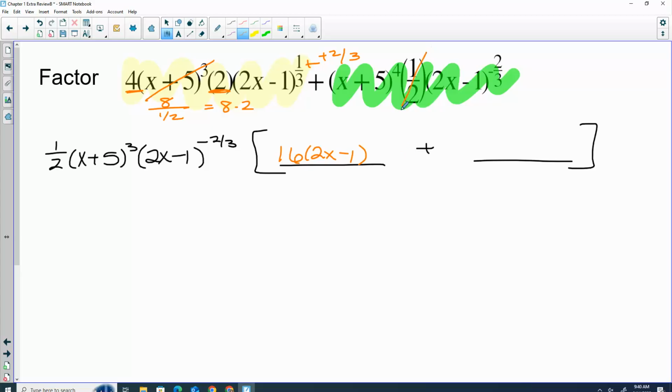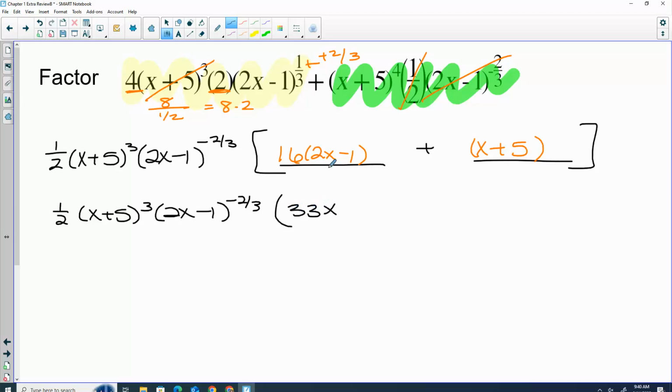Second term, I took out the 1/2. I had 3 of the x plus 5, so there's 1 left. And I took out the 2x minus 1. To simplify, this would be 32x plus x, so 33x, minus 16 plus 5, minus 11.